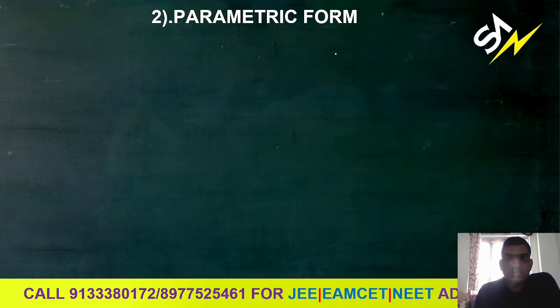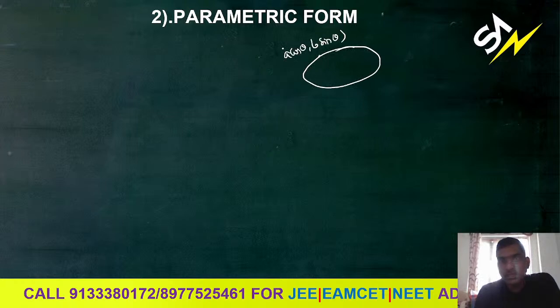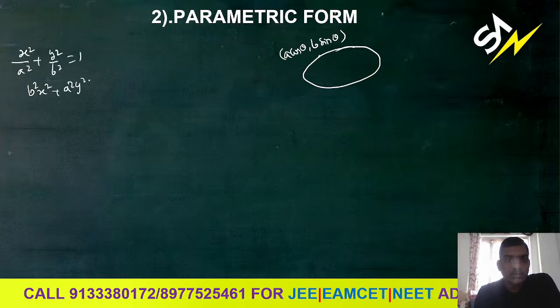Next, parametric form. In parametric form, (a cos theta, b sin theta) is the point on the ellipse. Just now we have done x square over a square plus y square over b square; then b square x square plus a square y square is equal to a square b square.